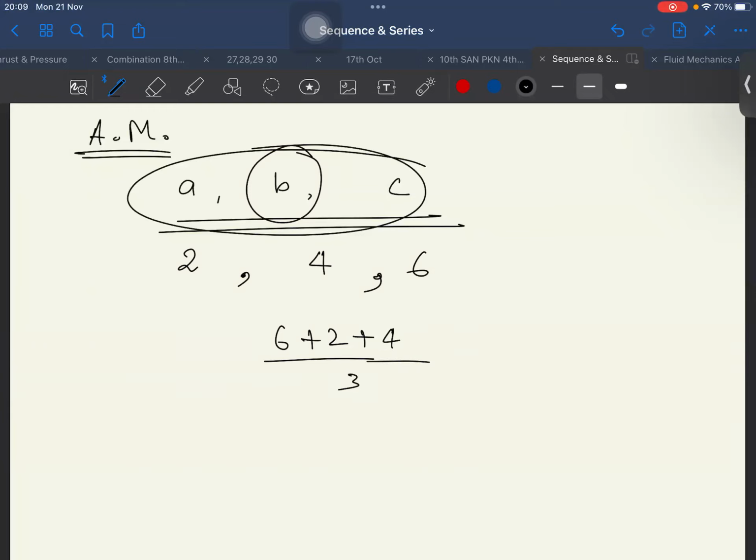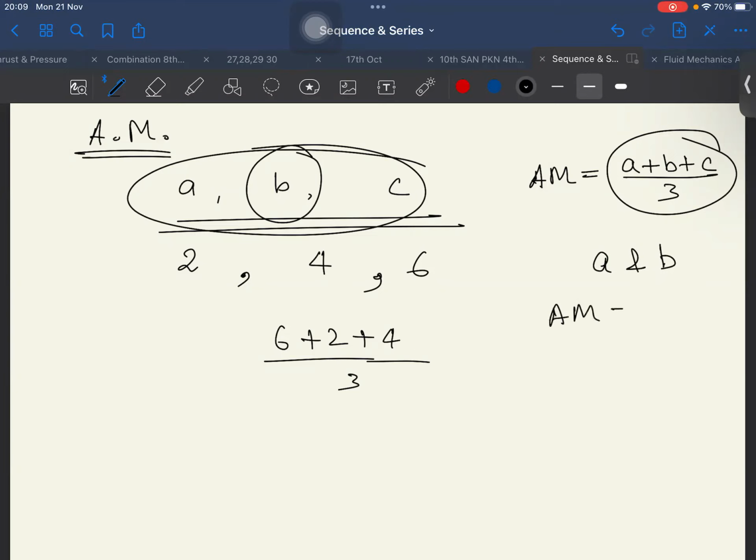So you add these three numbers, that means AM will be equal to A plus B plus C divided by how many numbers are there? 3. That is your arithmetic mean. So for two numbers A and B, the arithmetic mean will be A plus B by 2. That means they have a common difference, and these numbers are in arithmetic progression, AP, or arithmetic series.